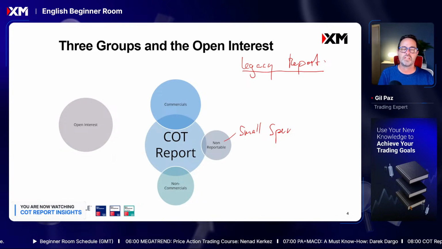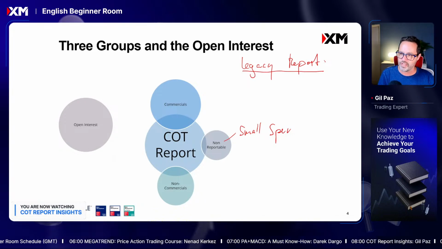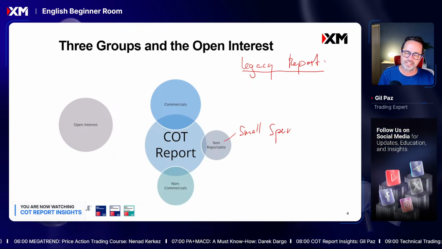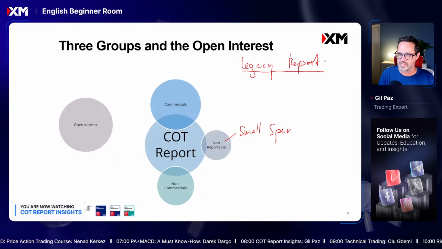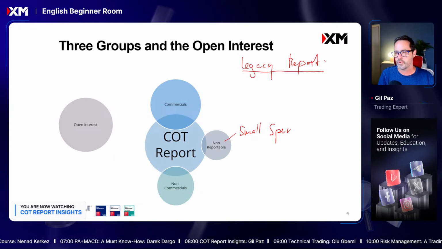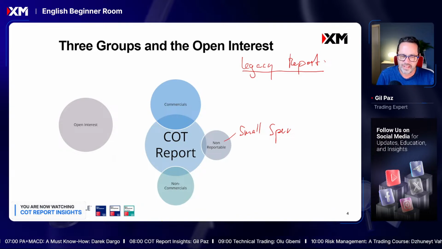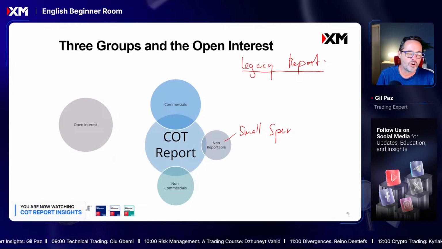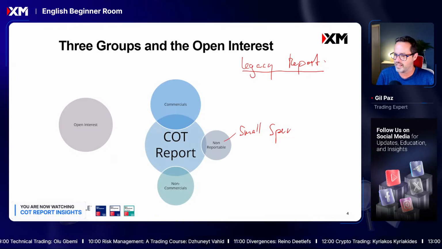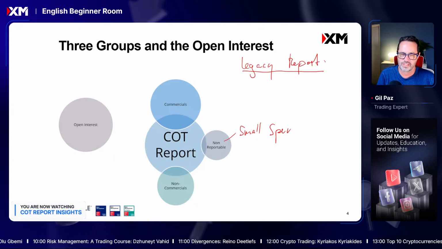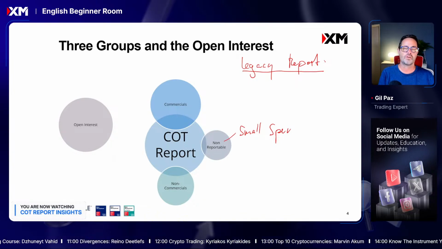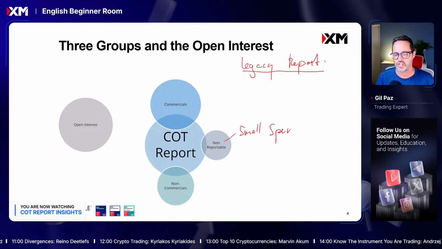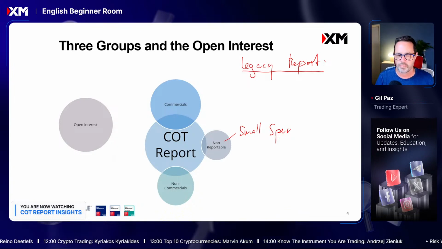Look, the COT report is published because in the past, in the futures markets, there was manipulation. So big institutions could push the price up and down in order to trick other market participants in one direction or another. The regulators don't want markets to be manipulated.